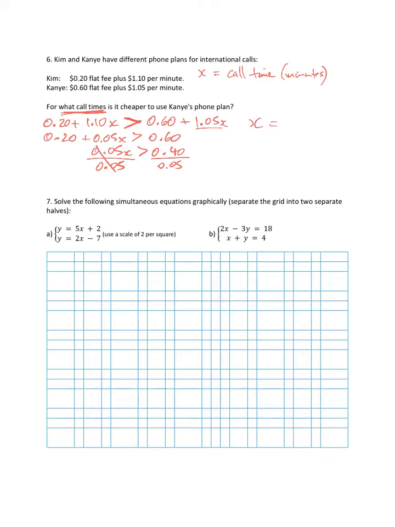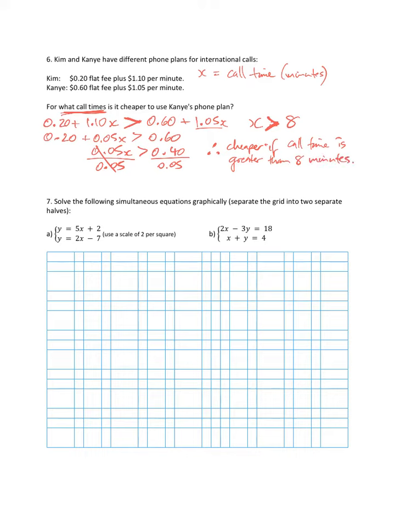Use your calculator for that if you're not confident. x is going to be greater than 0.4 divided by 0.05, which is 8. Therefore, cheaper if call time is greater than 8 minutes.